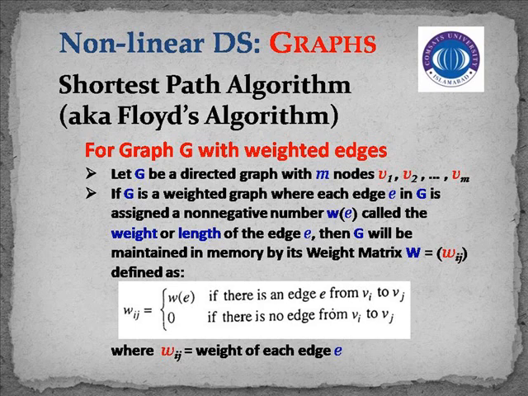Otherwise, the Wij entry equals 0 if there is no edge from Vi to Vj.